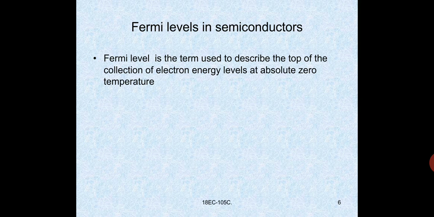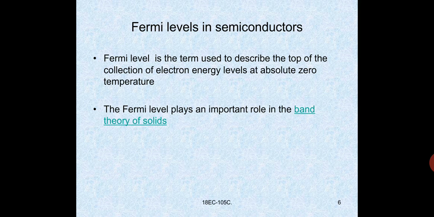Absolute zero is nothing but 0 degrees Kelvin, or minus 273 degrees centigrade. It refers to the top of the collection of electron energy levels that we have discussed previously. The Fermi level plays an important role in the band theory of solids.